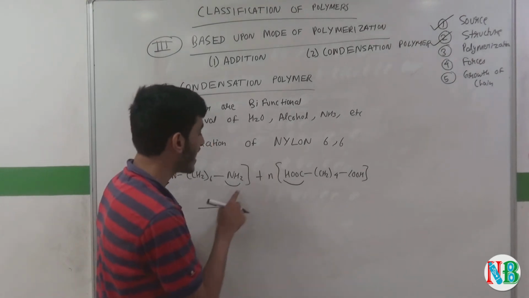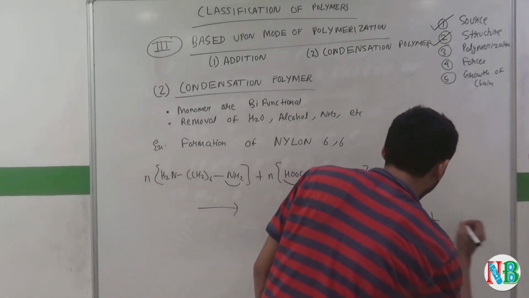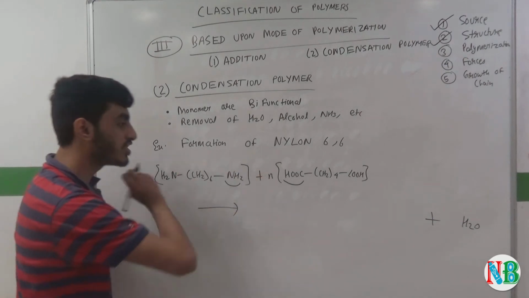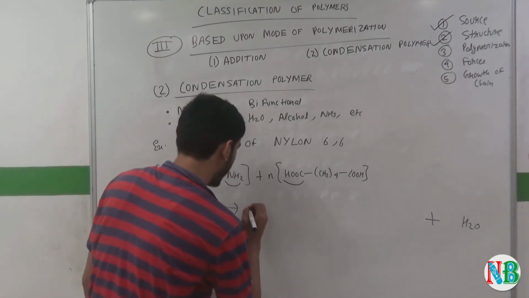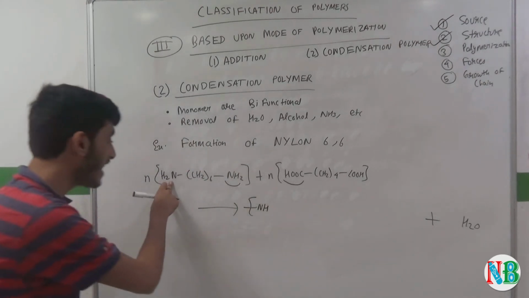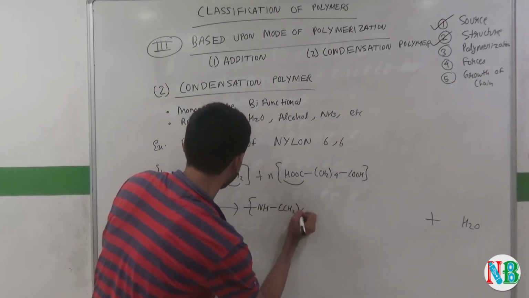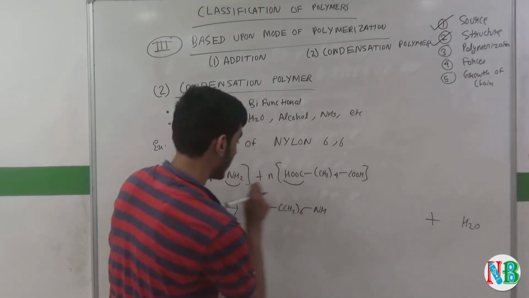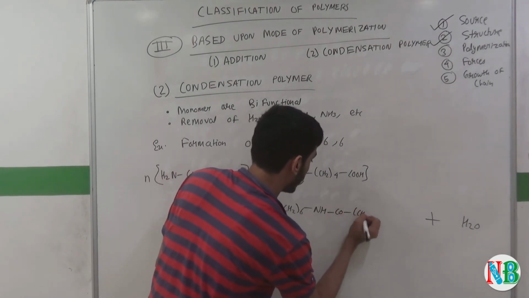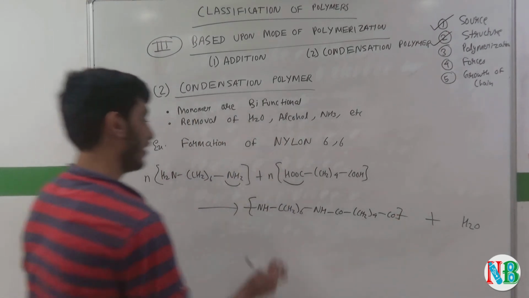The OH and the H add and a H2O molecule is removed out of the reaction. The rest you have to just add them. So it forms like this: a single bond NH, CH2 6, NH, then CO, CH2 4, CO, and then this end.